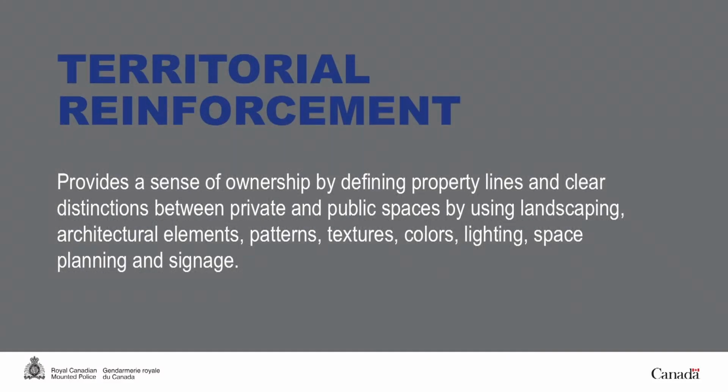And territorial reinforcement. This provides a sense of ownership by defining property lines and clear distinctions between private and public spaces by using landscaping, architectural elements, patterns, textures, colors, lighting, space planning, and signage.